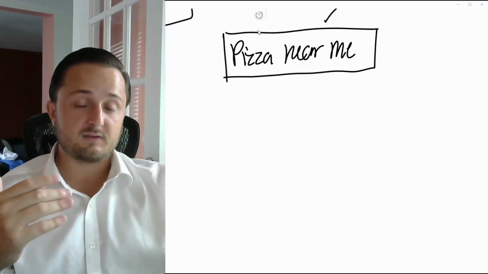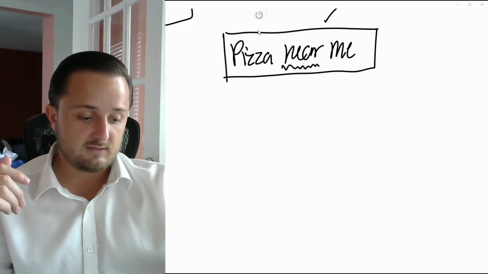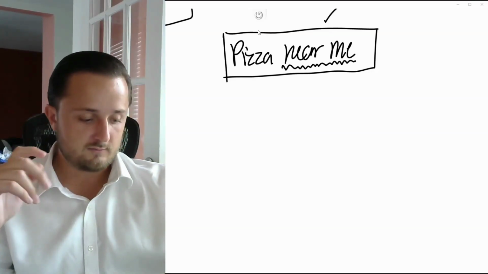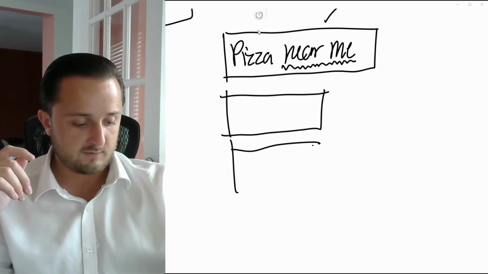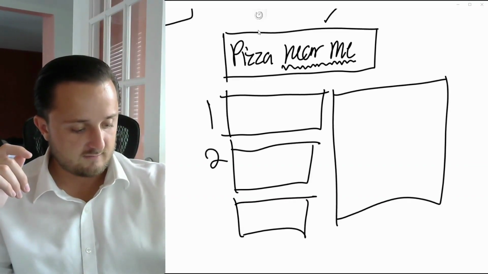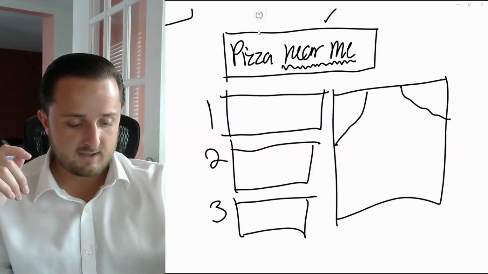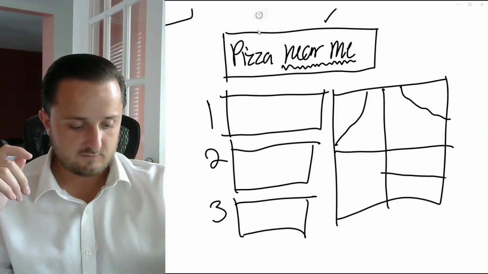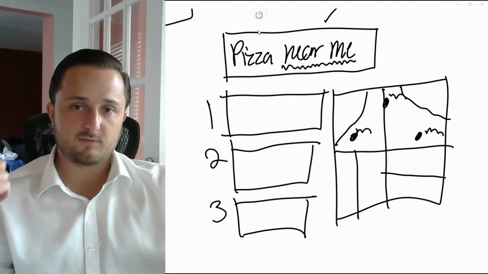For pizza, because pizza is a very local intent, and not only that, I also have near me in my search term or in my keyword, what's going to happen is that these Google Business Profiles appear. So let's say we've got the first position, the second position, the third position. And then normally over here, you'll see a little map. You'll see roads, right? And then you'll start seeing little dots. And then they might have some names next to them of where the business is, what the business name is.